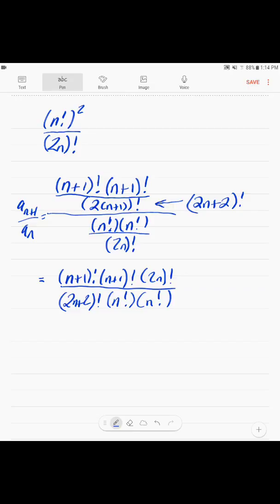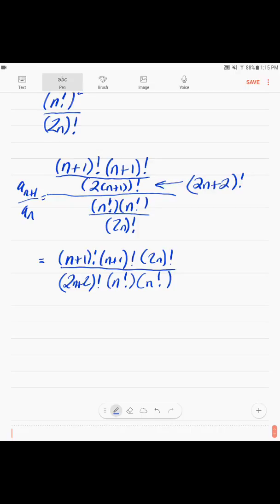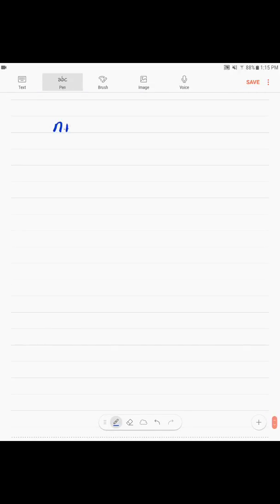Okay, so let's just abandon that problem for a second and see how the individual factorials are going to cancel. First let's look at just this part, the n plus 1 factorial over n factorial.